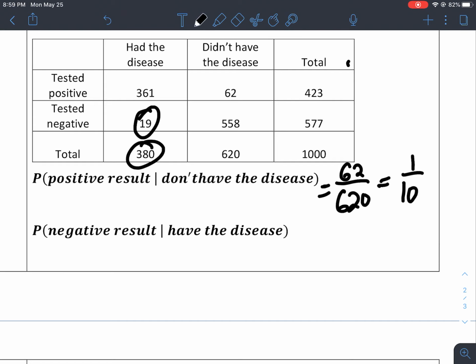Of those, how many tested negative as if they didn't? 19. So 19 out of 380 got a false negative, so that means they had it but it was missed. And that's simplest form because 19 is a prime number, but if I round to 20, it's a much better result. So it's more likely to say that you are positive when you don't have the disease, which is less worrisome than if it says you aren't positive and you have the disease, because that just means they missed it and they can't start whatever treatment you need.